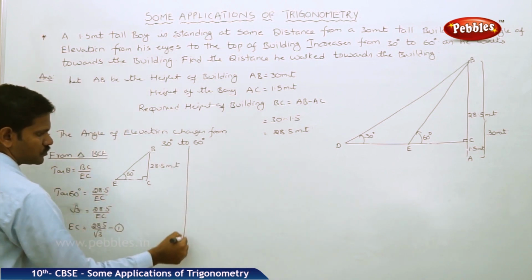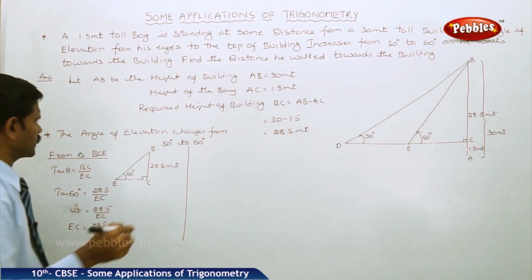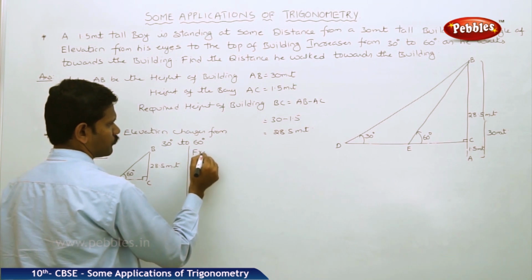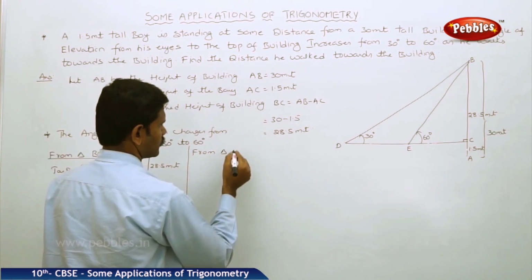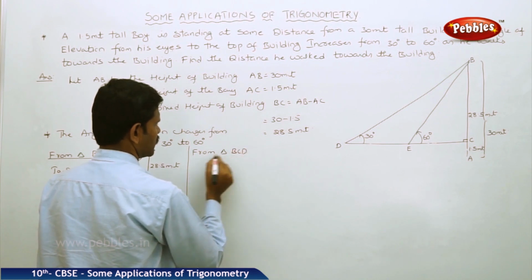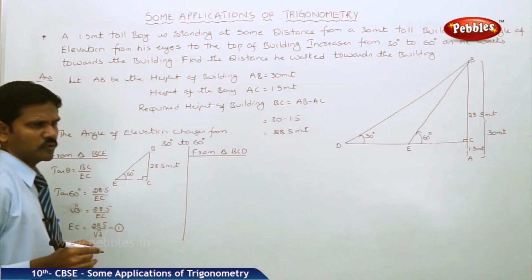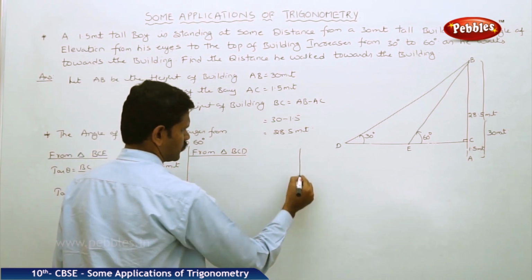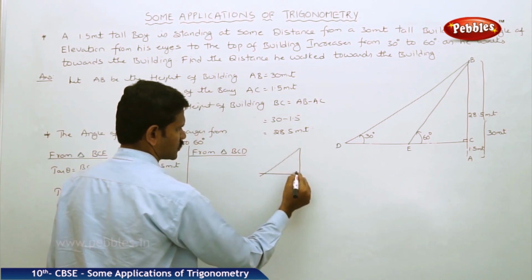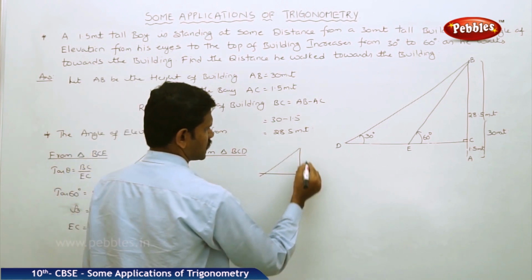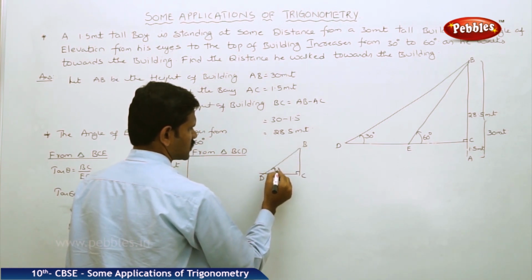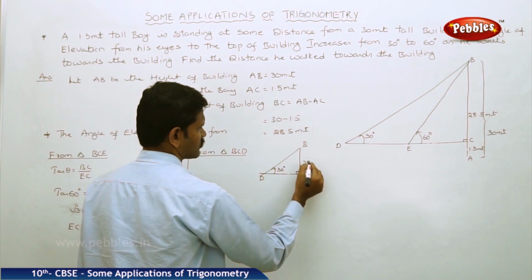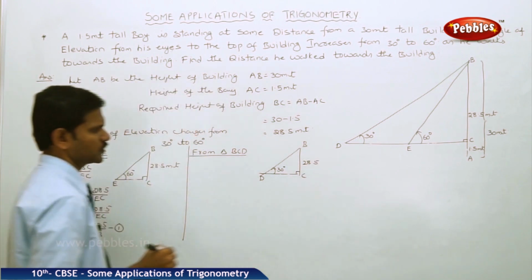Now let us come to the second triangle, triangle BCD. Take the triangle out, and the angle of elevation is 30 degrees. This is the 28.5.